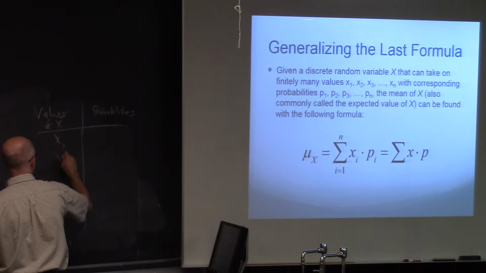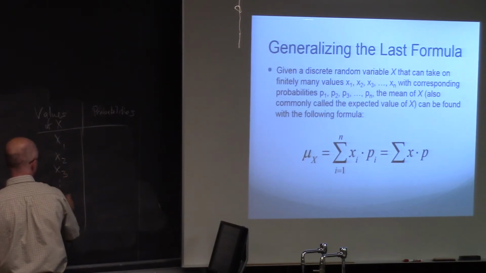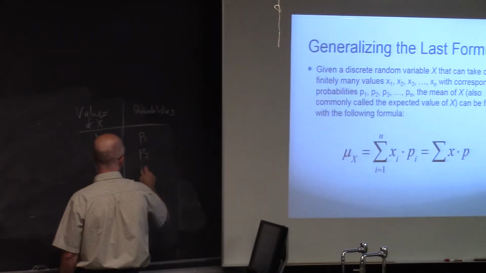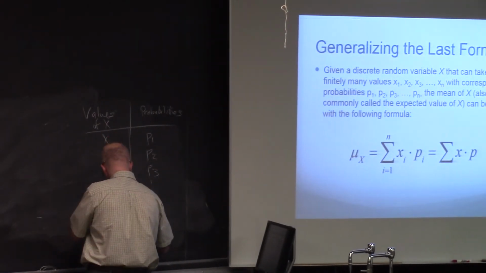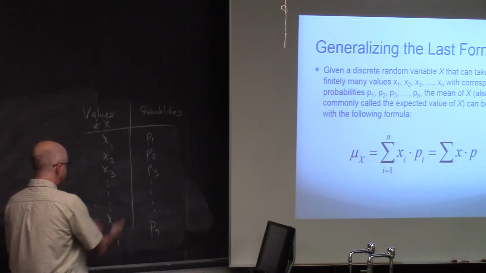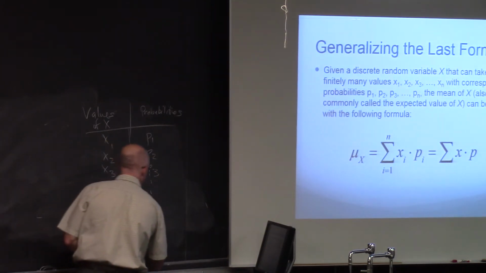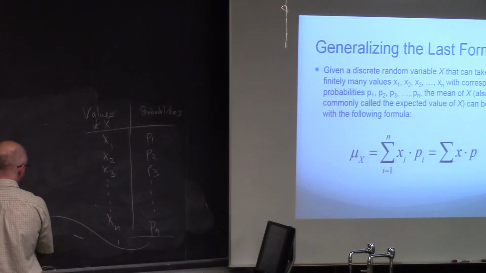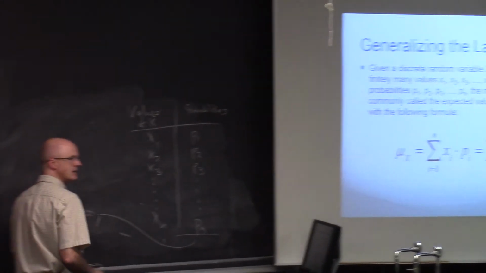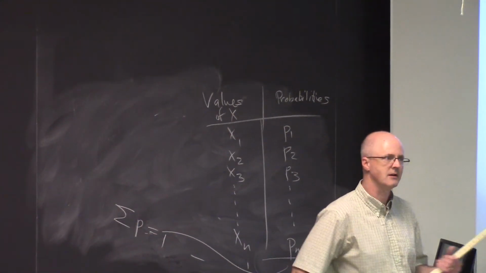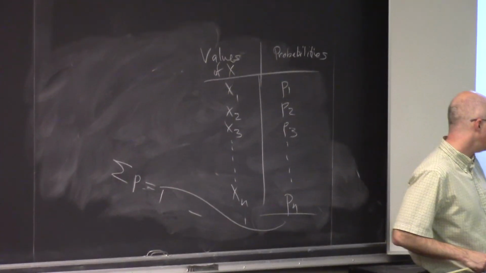Imagine this table that you might make. You've got these different possibilities for x and the different corresponding probabilities. Those probabilities can't be negative and they have to add up to 1. The sum of the p's must equal 1. I'm using the sloppy notation there, not bothering with the index of summation.